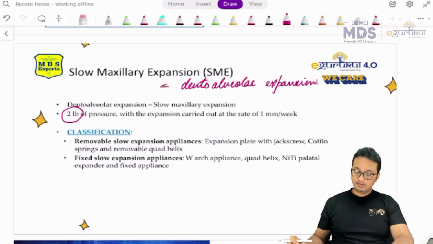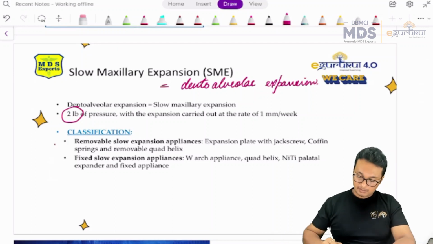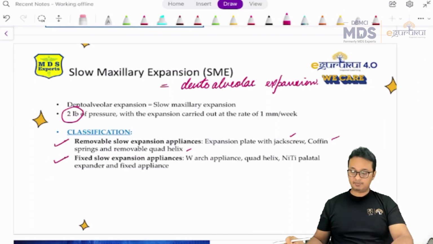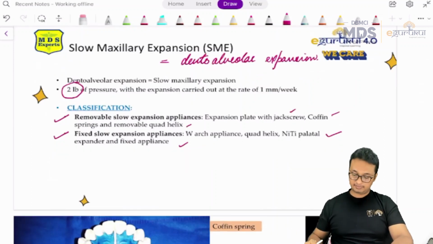So we have classified the expansion devices as removable slow maxillary expansion, for example, plates with jack screw, coffin spring, removable quad helix appliances, and fixed slow expansion appliances, for example, W arch appliance, Porter appliance, quad helix, nitanium palatal expander, as well as the fixed orthodontic appliances.